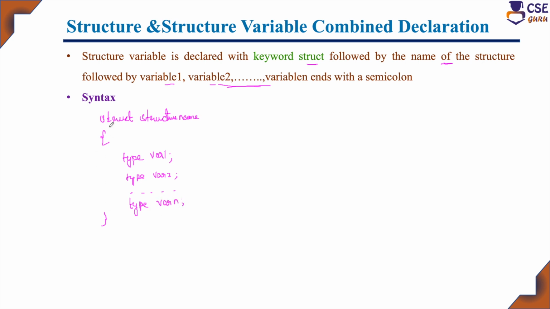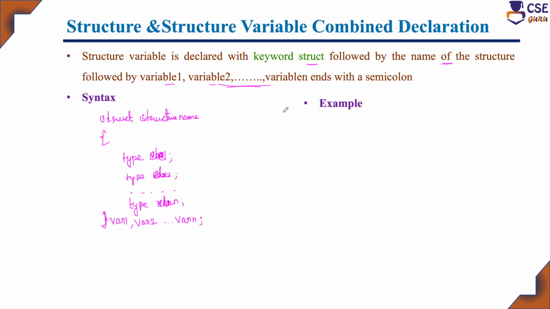So this is the structure declaration, and it should end with a semicolon. If you want to combine structure and structure variable declaration, here itself you can specify variable 1, variable 2, up to variable n, and then place the semicolon. So this is the syntax.